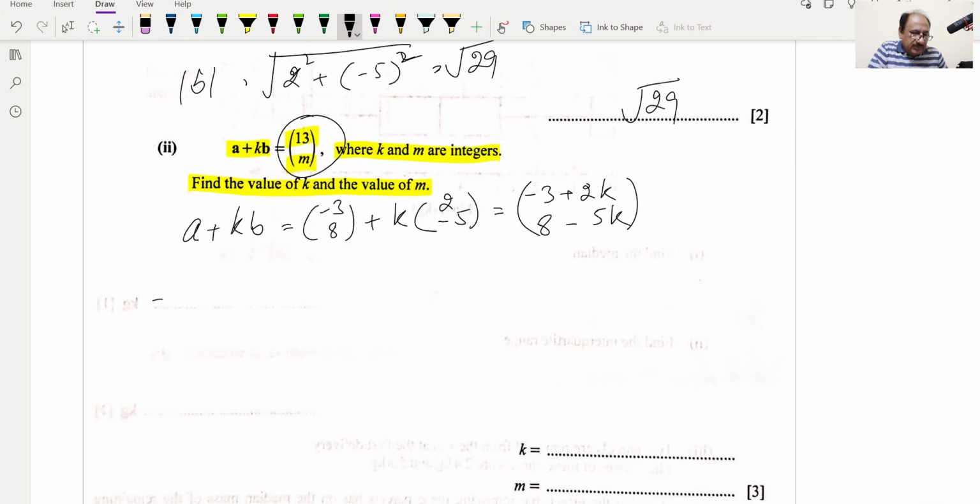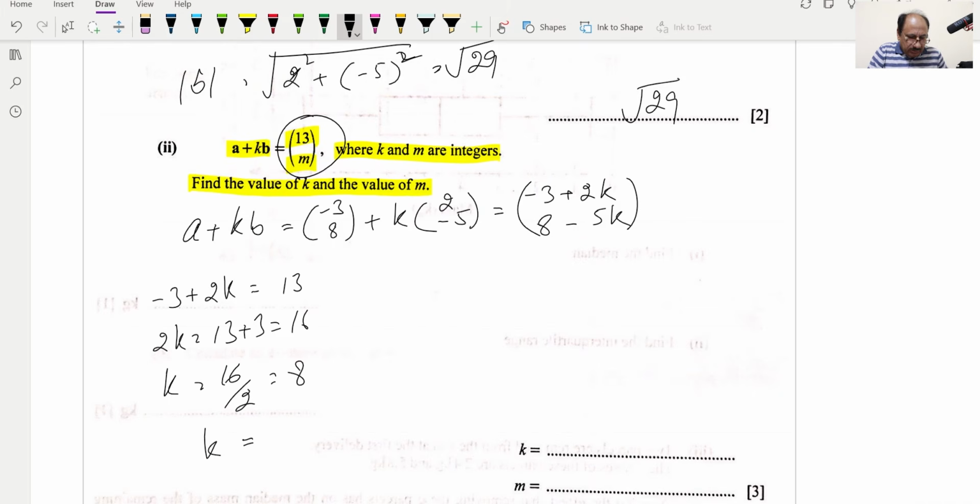So minus 3 plus 2k is equal to 13. This implies 2k is equal to 13 plus 3, which is equal to 16. So k is equal to 16 by 2, which is equal to 8. So k is equal to 8 is the answer which we found. Now we require m also.